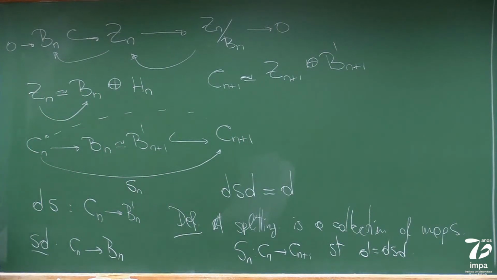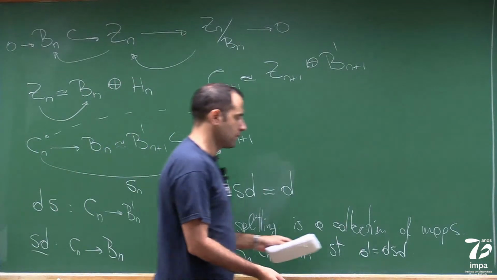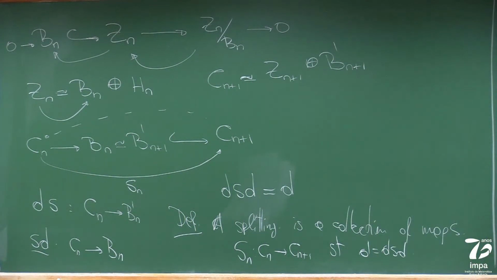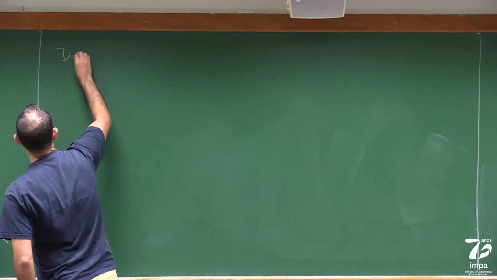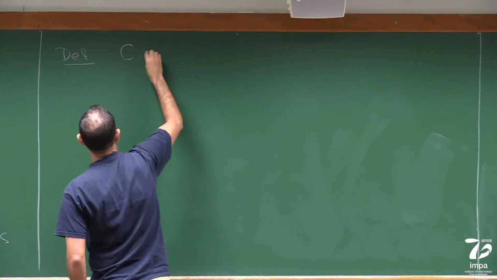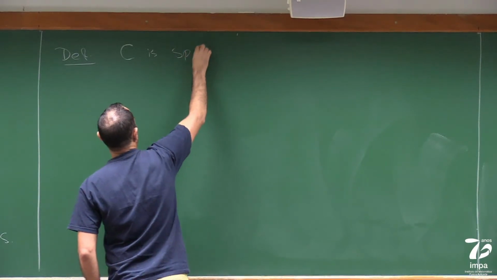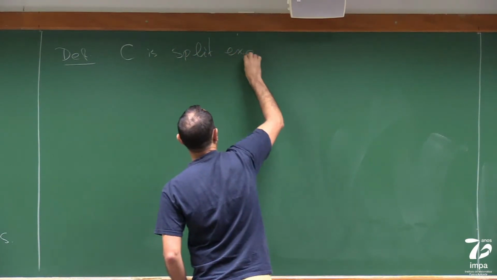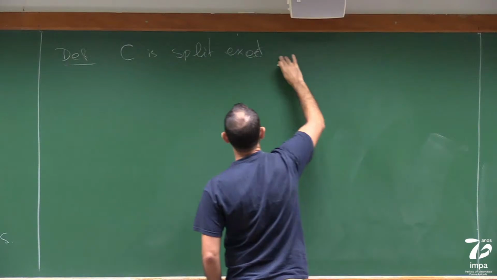And what we checked is that every complex of K vector spaces admits a splitting. It's not true that this exists for every complex in general. So now a complex is split exact if it has a splitting and is exact.